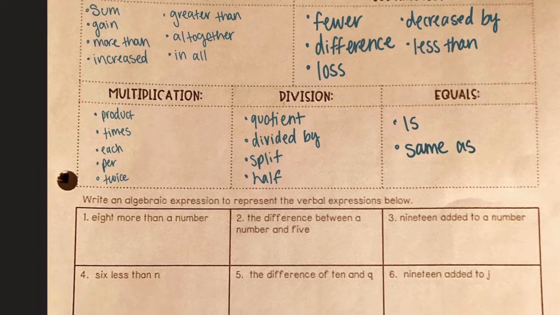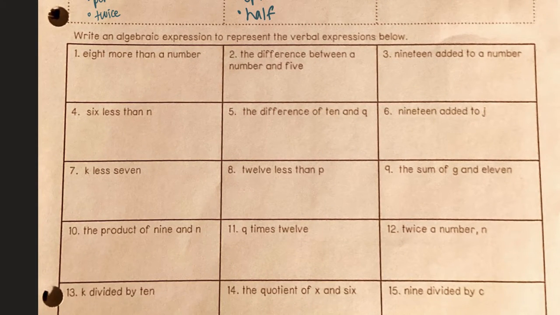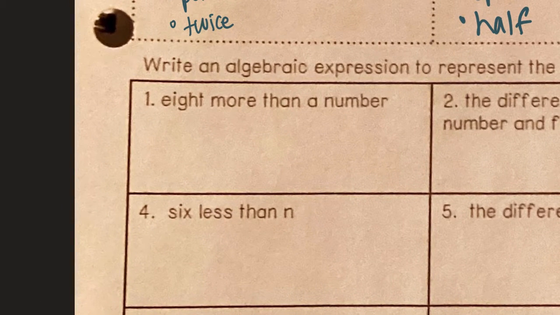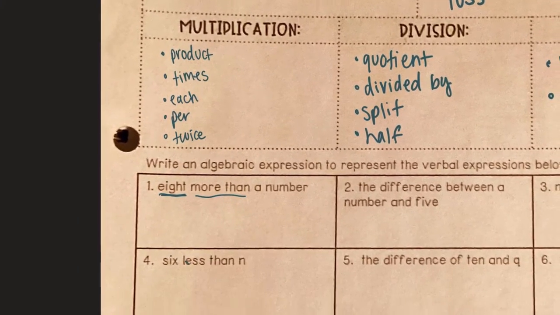So now, based off of that, we're just going to practice. It says write an algebraic expression to represent the verbal expressions below. I'm not going to go through and do absolutely every single one of these with you, but we're going to do most of them together. Looking at this first one here, it says 8 more than a number. Let's break this down. If I have 8, there's my number. More than is another word used for addition.